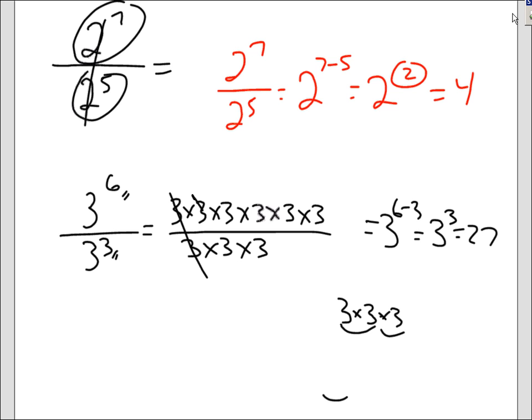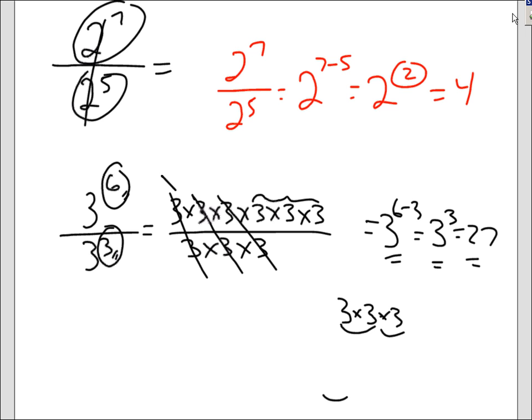Well, 3 of them are going to cancel out, and you're going to have 3 left. Why do you have 3 left? Because 6 happens to be 3 more than 3. So you did get 3 to the 6 minus 3, which is 3 cubed, which is 27.